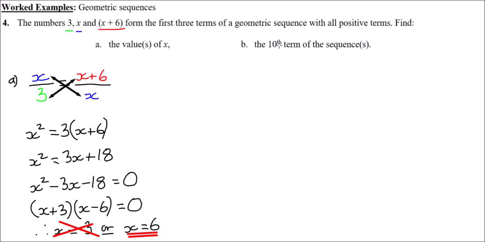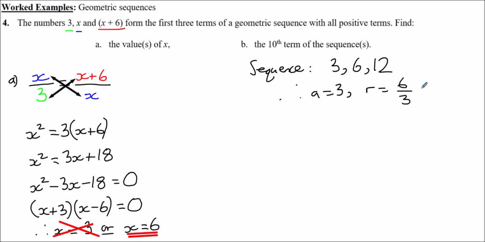Based off that, we can work out the 10th term. So now we know that x is 6, we can sub this into the sequence. So the sequence, the first term is 3, x is 6, therefore x plus 6 will be 12. So therefore the first term is 3, the common ratio is 6 divided by 3, which is 2.